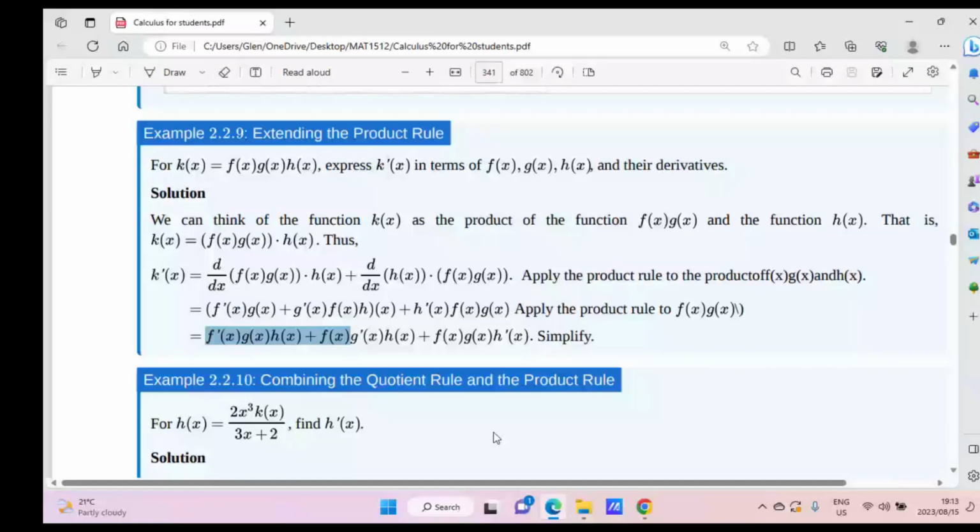Now I have to cancel. 12x cubed k of x plus 12x squared k of x plus 6x to the power of 4 k prime of x plus 4x cubed k prime of x, all over (3x plus 2) all squared.